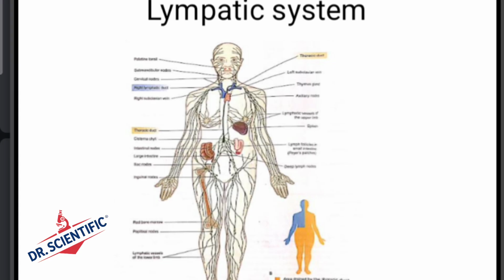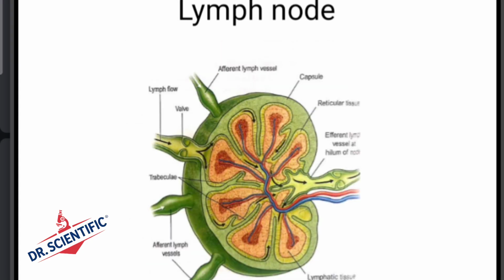The biggest one is the thoracic duct. And then on the right side, we have the right lymphatic duct. Those are the ones that finally bring the lymph into the blood vessels, around the subclavian vein, where the lymph is drained into the blood.